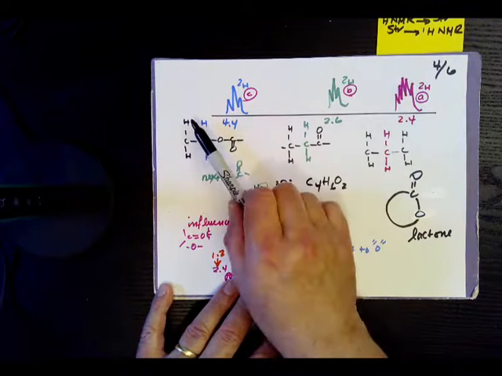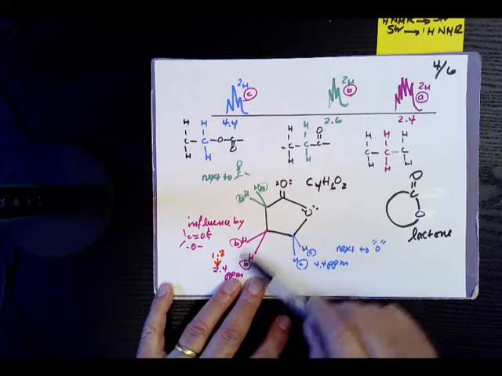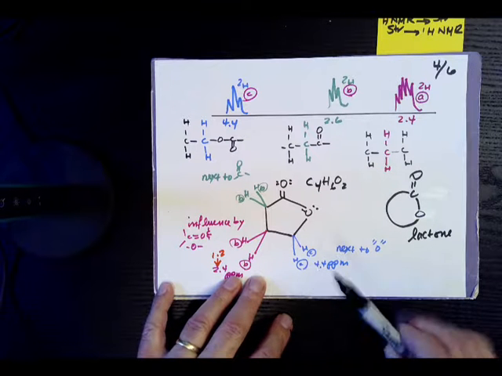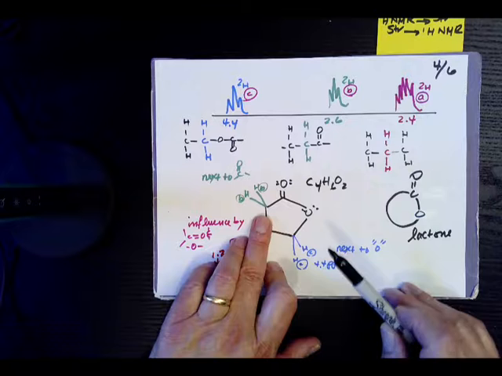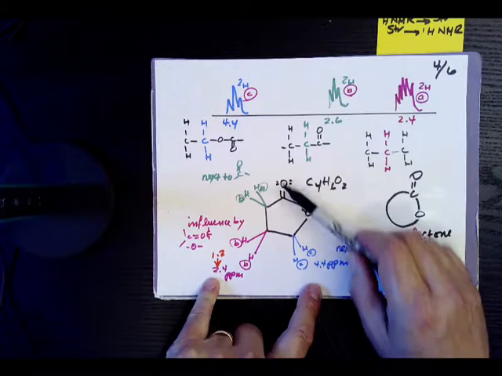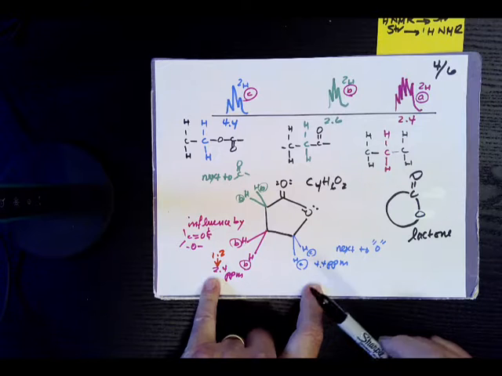Remember this with downfield here. So that's 4.4, and it's next to 2 protons, so it's a triplet here. Then the green one is a triplet, and that's next to the C double bond O, so that ppm is pretty close to it.